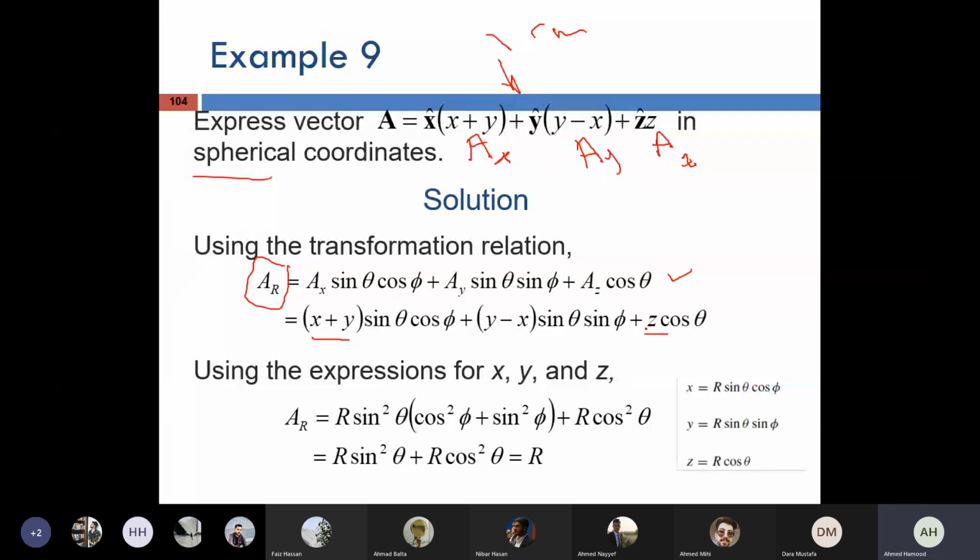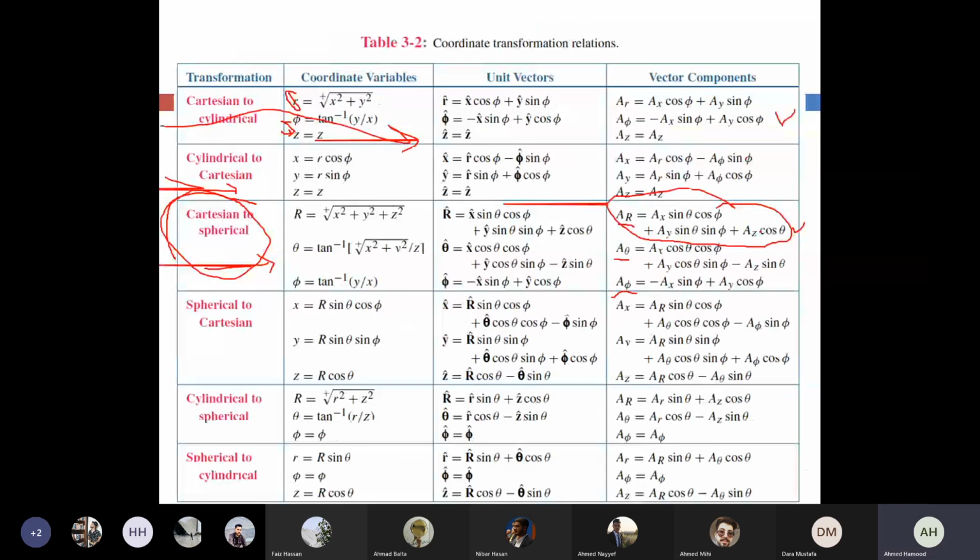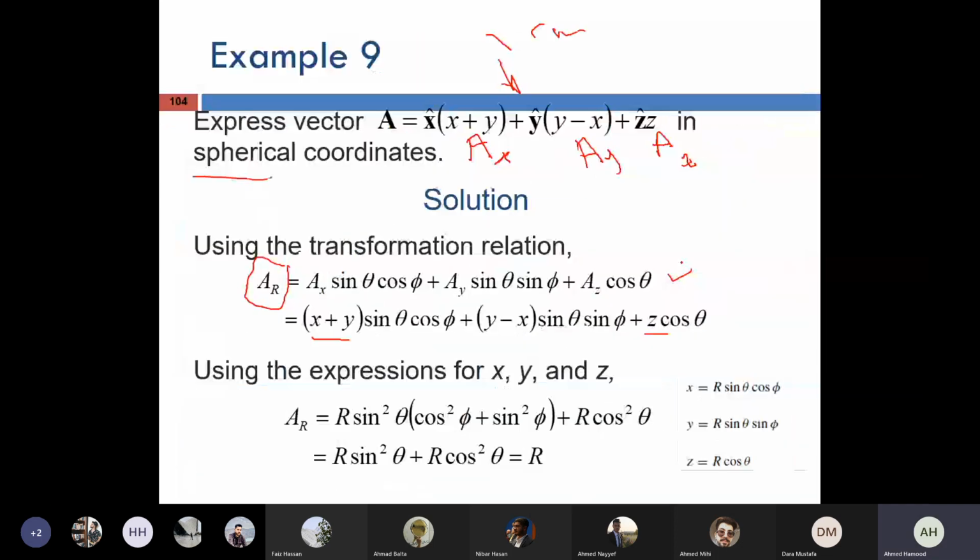What we need to do, I will copy the equations from the vector component 1, then I will change EX, EY, and EZ from the Cartesian vector.